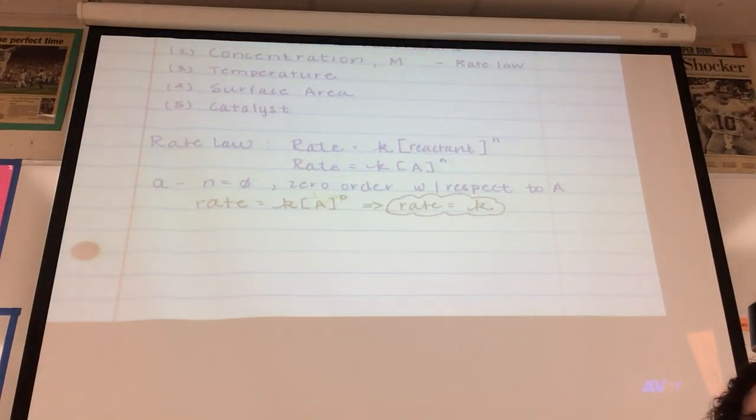Is concentration in that rate law? No. So if you alter the concentration, will you affect the reaction rate? No. So 0 order.